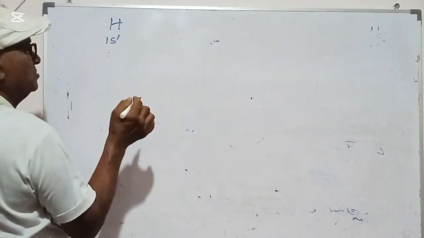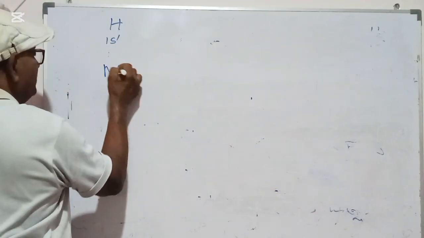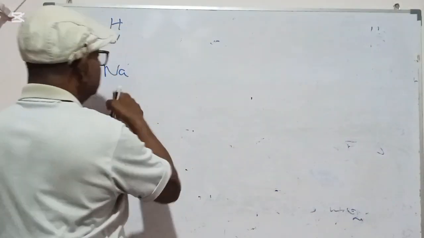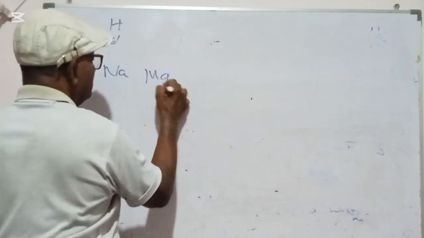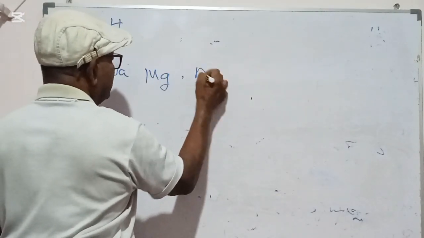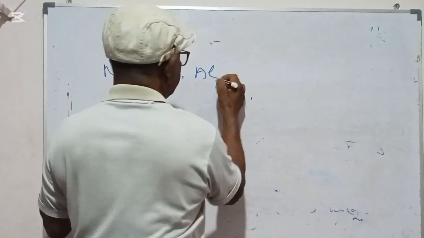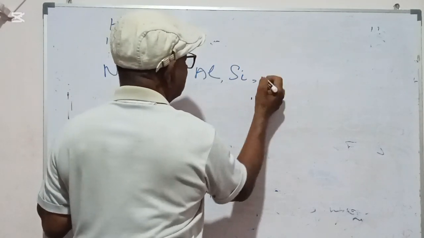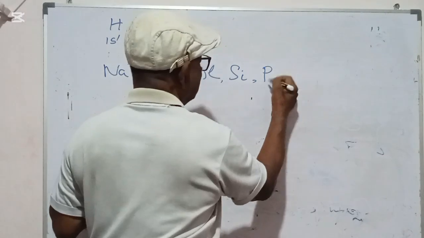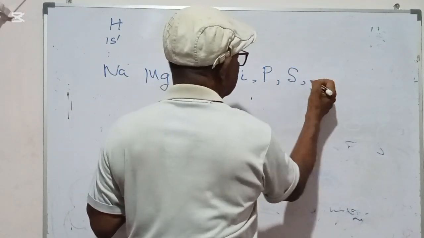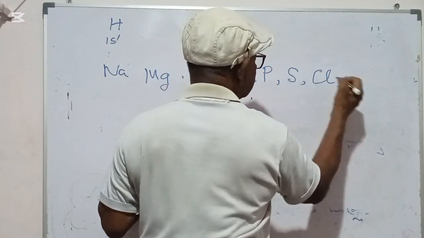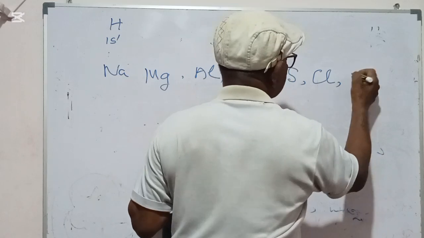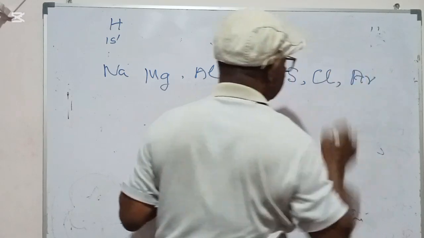So what are the elements? Do you remember? Sodium 11, magnesium 12, aluminium 13, silicon 14, phosphorus 15, sulfur 16, chlorine 17, argon 18.